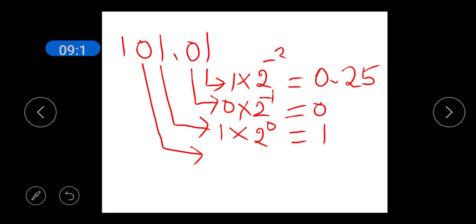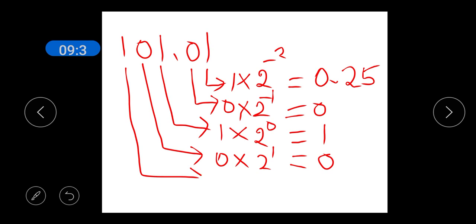Next 0 into the weight of this bit is 2 power 1, which is equal to 0 into 2, which is 0. Then this 1 into the weight of this bit is 2 power 2, which is equal to 1 into 4, which is nothing but 4.